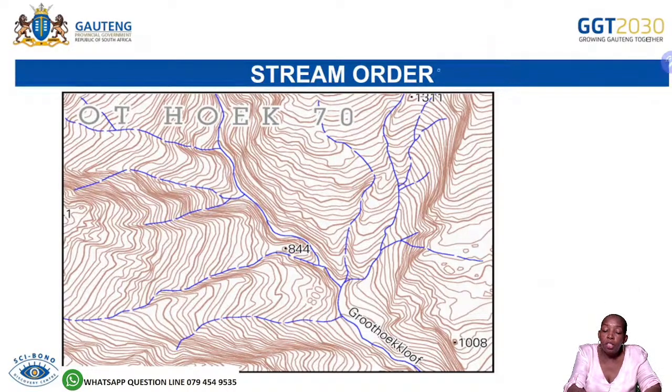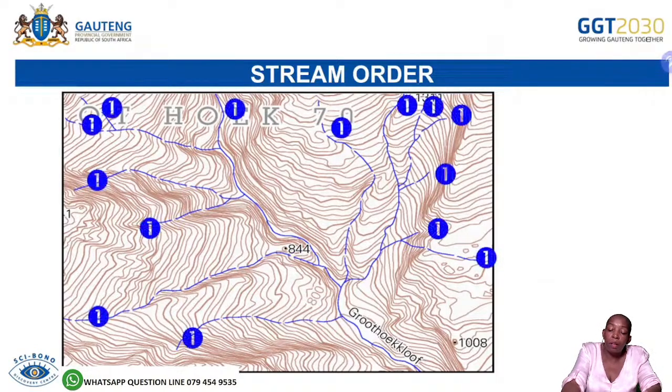So linked to the drainage density, we now know that when we have more streams that we can identify on the surface, then we must be able to calculate the stream order.